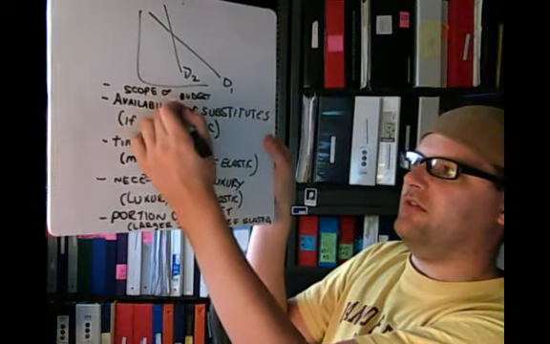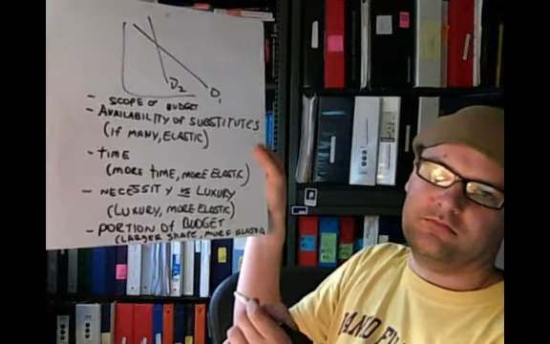And then finally, we could also look not only at the portion of my budget, but also at the scope of my budget. Right? And for the scope of the budget, what we're talking about here is the category itself.